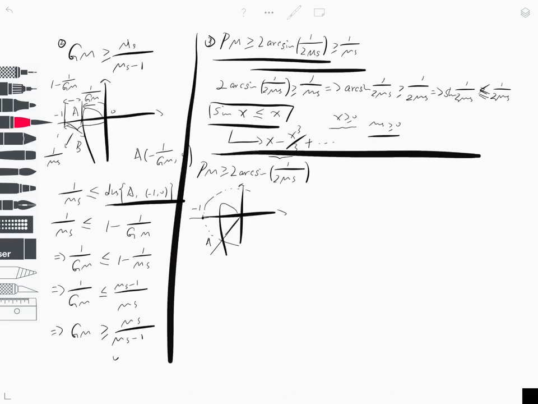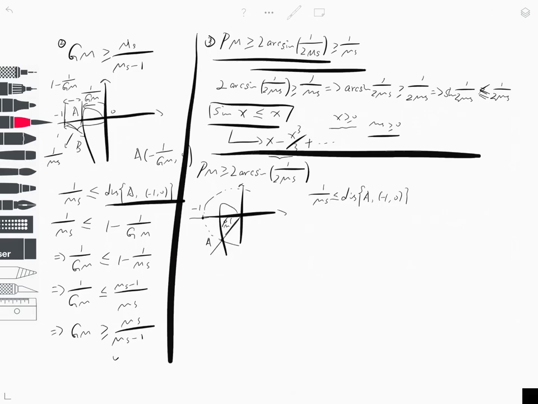Maybe again we call it A, but it's the crossover point that represents the phase margin, and this angle is the phase margin. Okay, so similar to the first one, now we consider that 1 over Ms is still smaller than or equal to the distance between A and -1, 0, right?